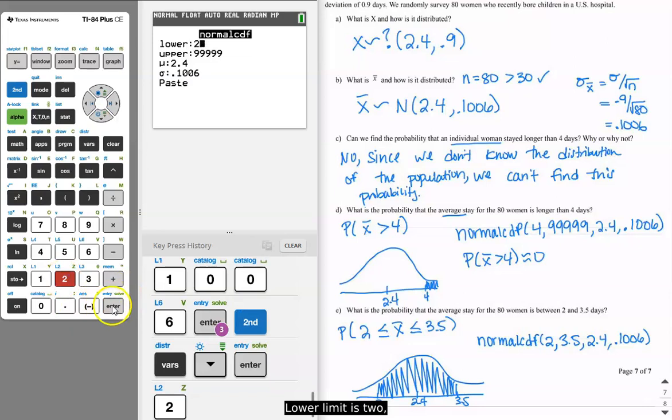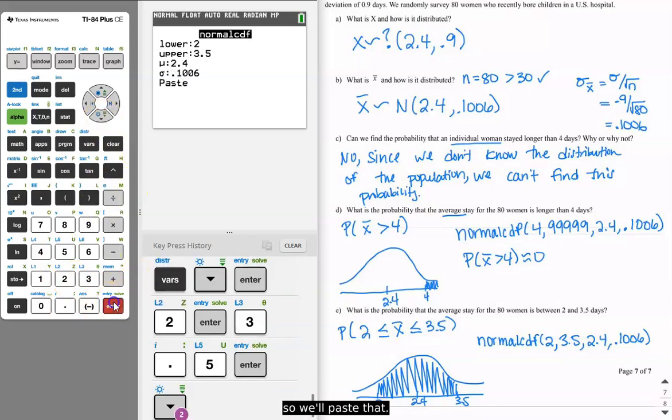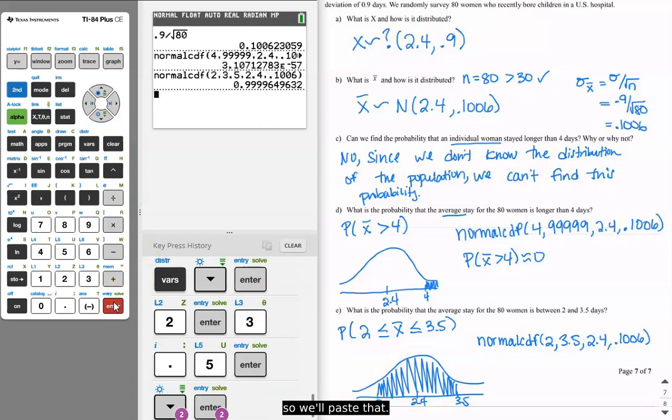Lower limit is 2. Upper limit is 3.5. Mu is 2.4, standard error is the same, so we'll paste that. And so this probability here is roughly, if we round, roughly 1. So we're almost guaranteed for this to happen. I guess if you kept 5 or 6 decimal places, it wouldn't be exactly 1, but approximately.